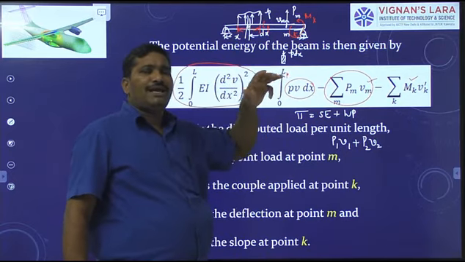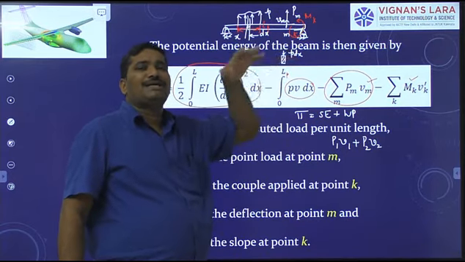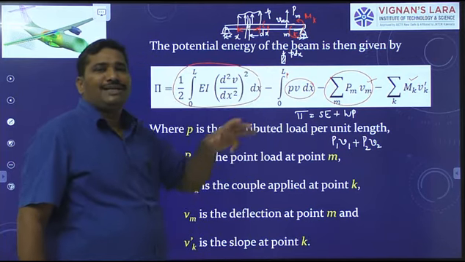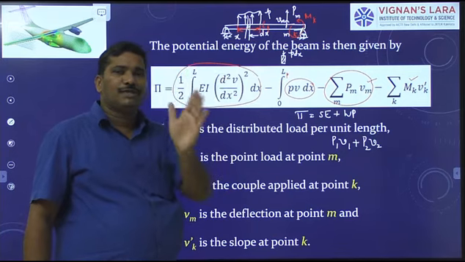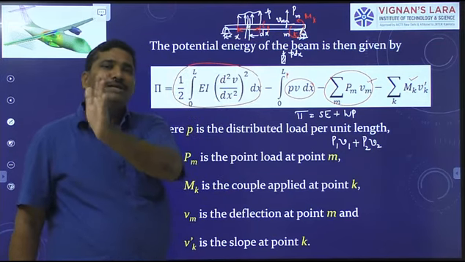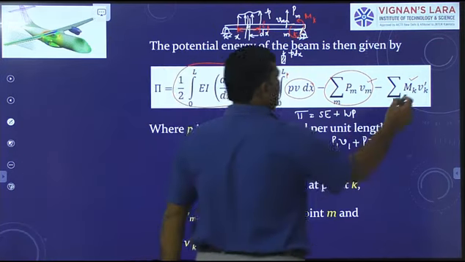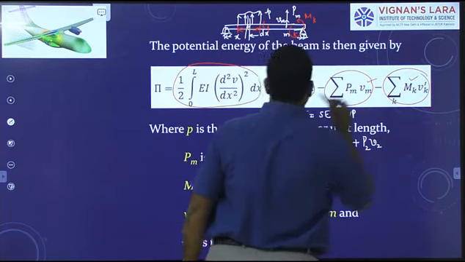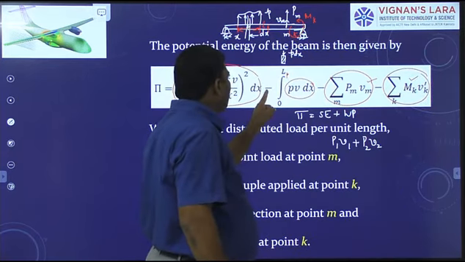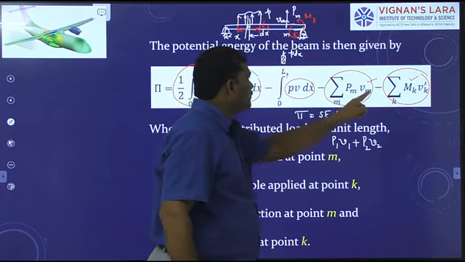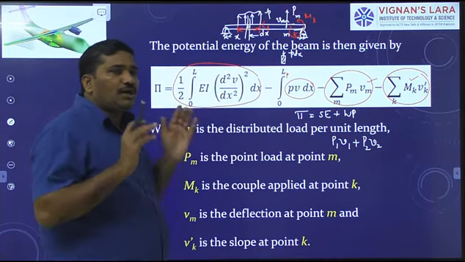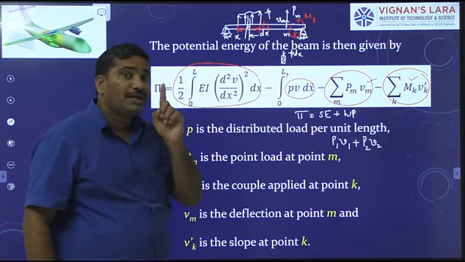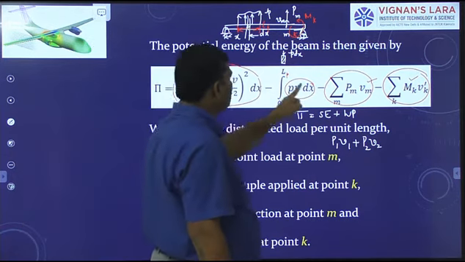If there are n couples acting at different points, then we write M1 v1 dash plus M2 v2 dash plus M3 v3 dash and so on. Understand carefully here, we have a minus sign. Why? Because, as I told you several times, work done by the external forces is negative. Hence I put minus.